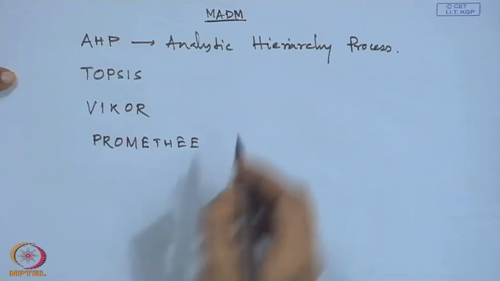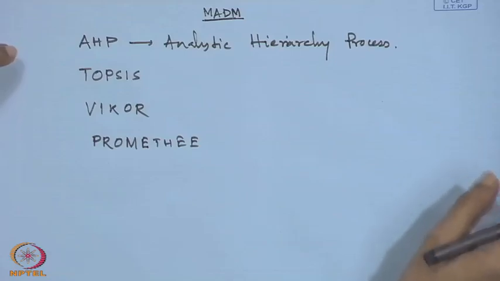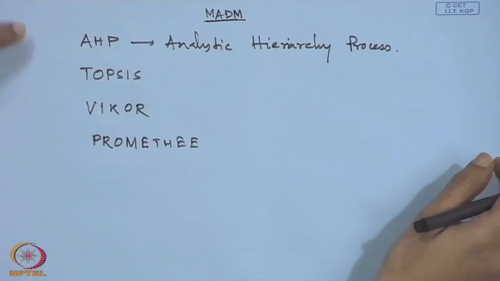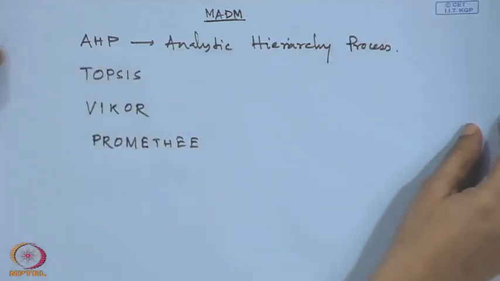Today there is no scope to detail all the methods. I will start with the analytic hierarchy process, and then let us see how far we can discuss the others. But one thing is that multi-attribute decision making methods involve the decision maker's perception very well, because in the process of selecting the alternative, the decision maker's perception is involved and is taken care of very seriously in taking the decision.